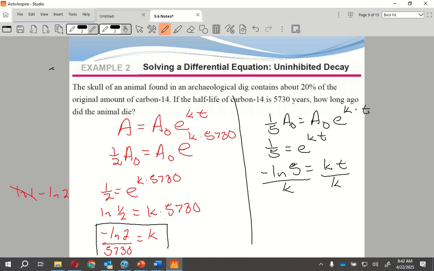Alright. Looking at this problem right now, how do I know that this is a decay? That negative ln 5 is going to tell me that it went down.